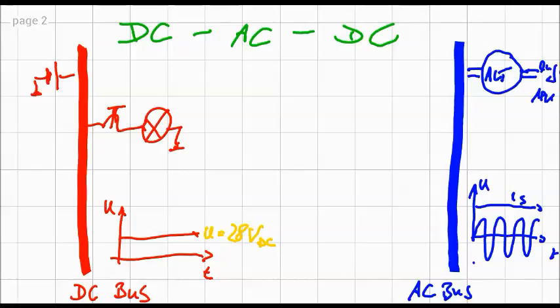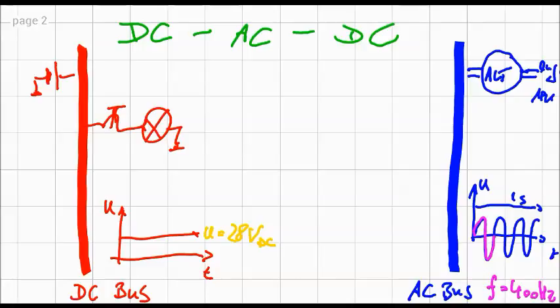So that means our frequency, I shall use a different color here. Just let me change the color of the pencil. How about this one? Our frequency is 400 Hertz. That means our voltage goes 400 times through this cycle in every second.